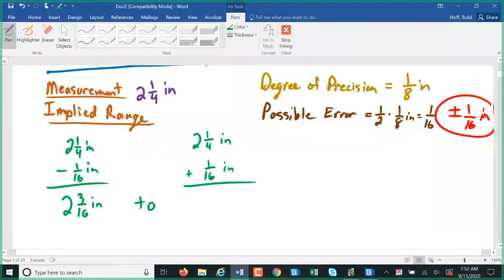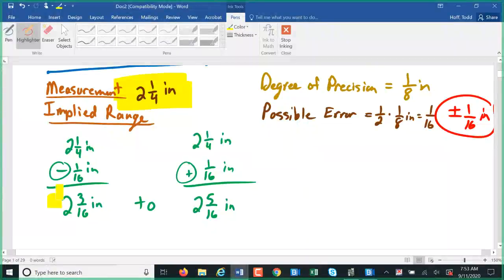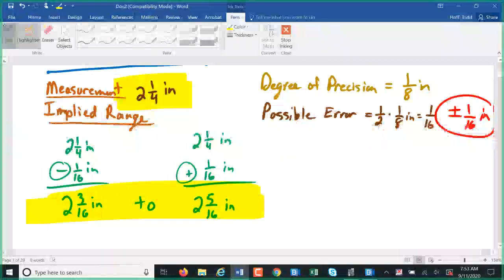Hence the plus or minus. We added it here, subtracted it there. 2 1/4 plus 1/16 is 2 5/16 of an inch. So for this measuring device, when I say that blue line is 2 1/4 inches, what I am really saying is it's between 2 3/16 and 2 5/16 inches.